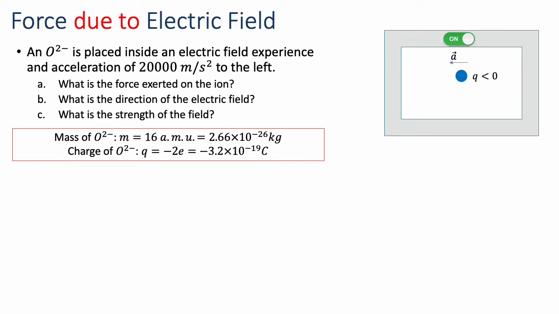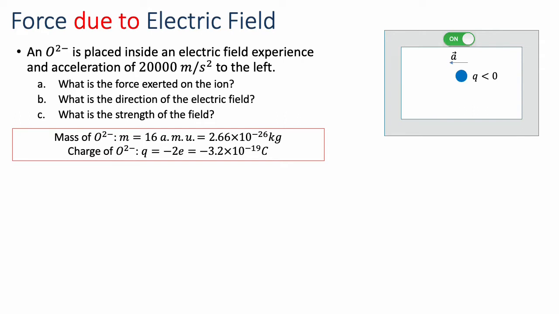Okay, first thing before we start, we need the mass and the charge of the particle. The mass of oxygen is 16 AMU. The AMU, or atomic mass unit, is approximately the mass of one proton, which we have in our table.